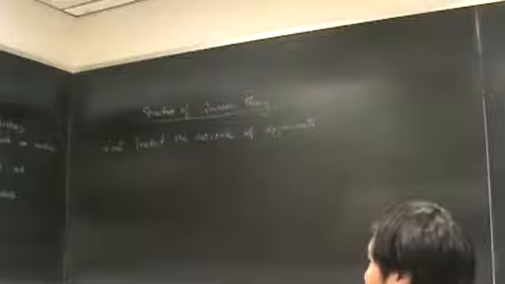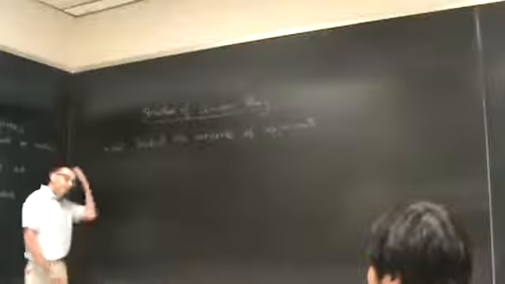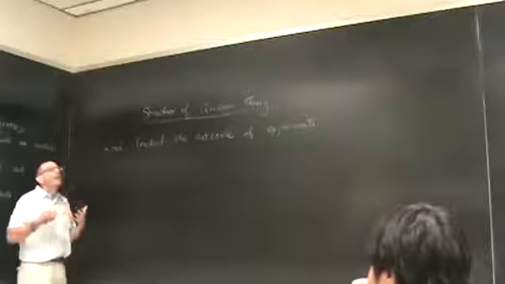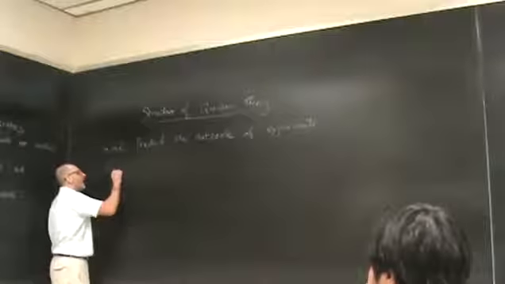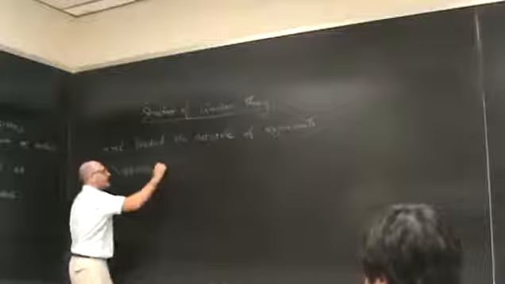So, how are we going to do that? The structure that we're going to use was really at some level laid down at the beginning. Okay? So there's the so-called Copenhagen interpretation.